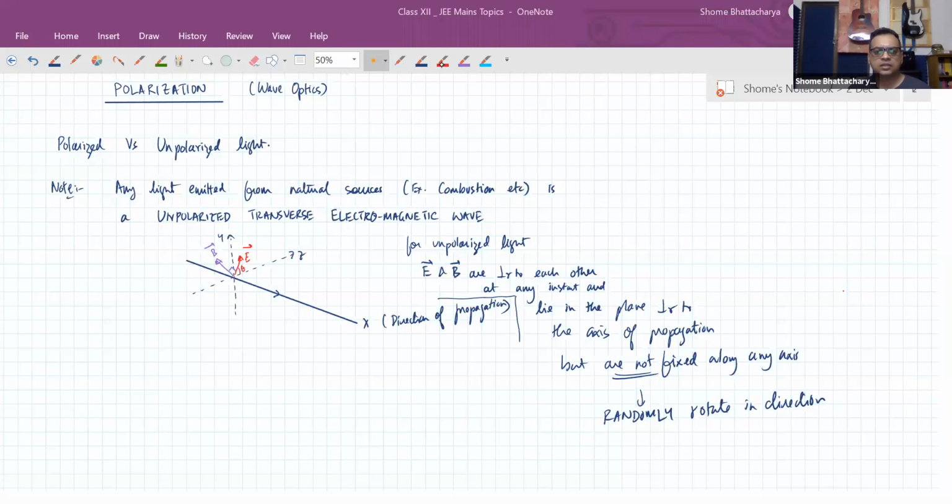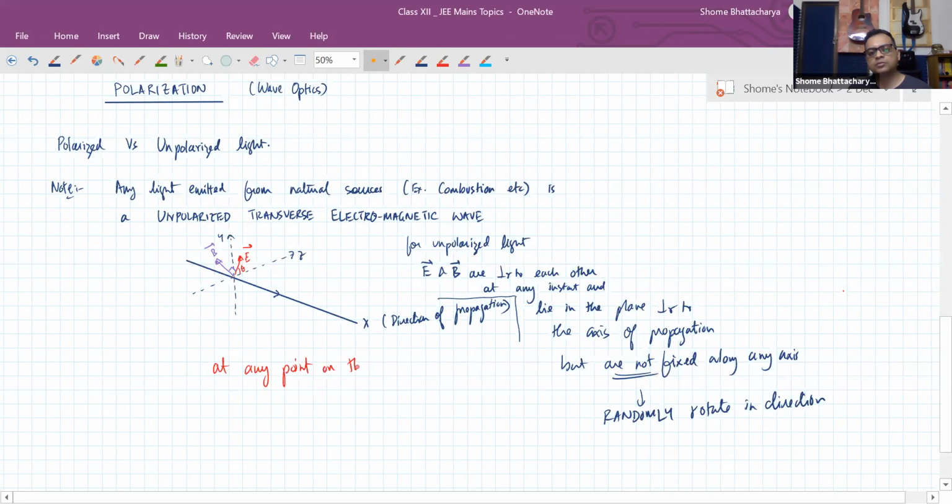So that means in this case, at any given point on the beam, the electric field at any point of time will be like this. It will be E naught, some cos theta k cap plus sin theta j cap, let's say.